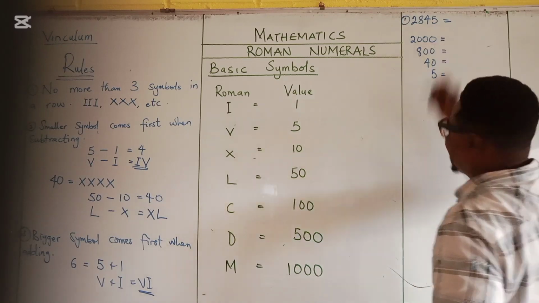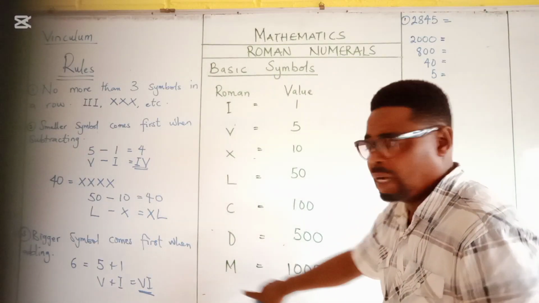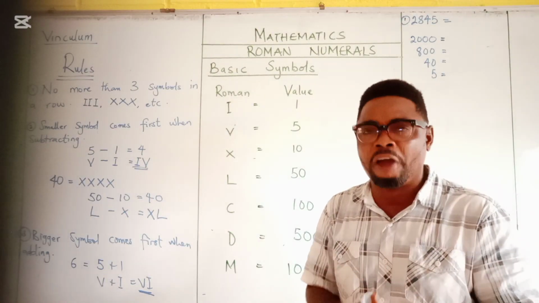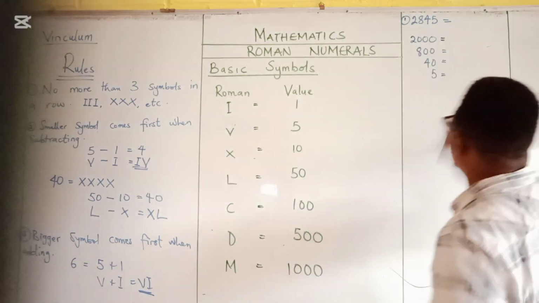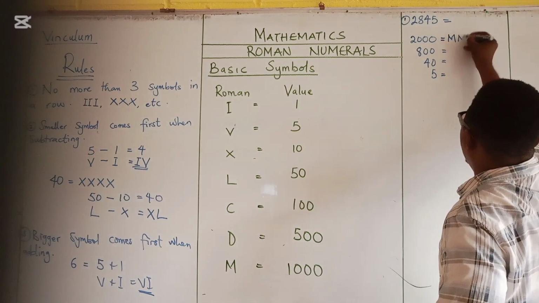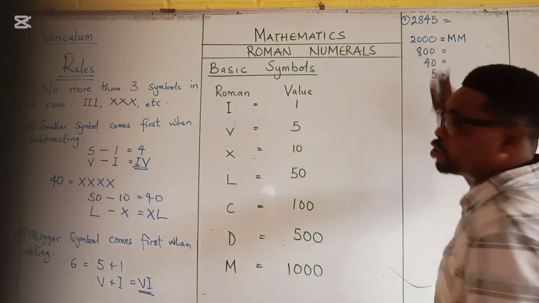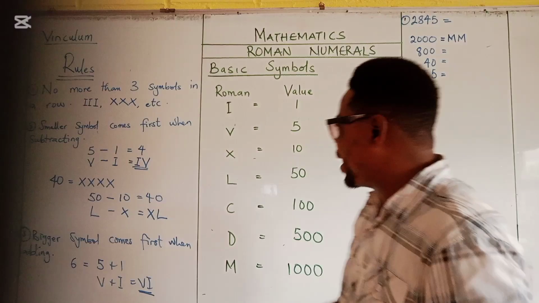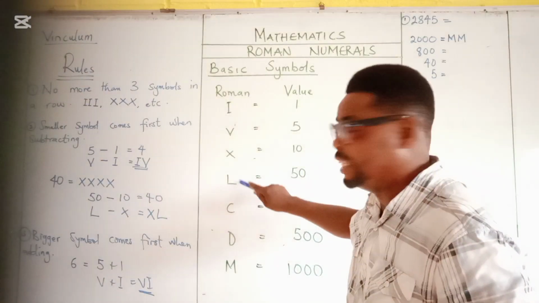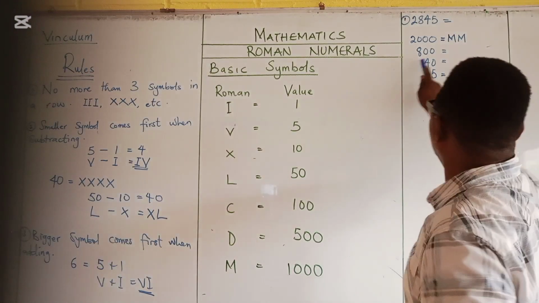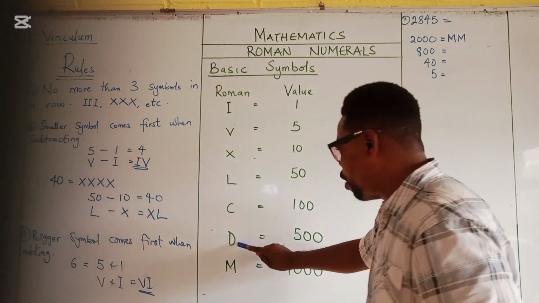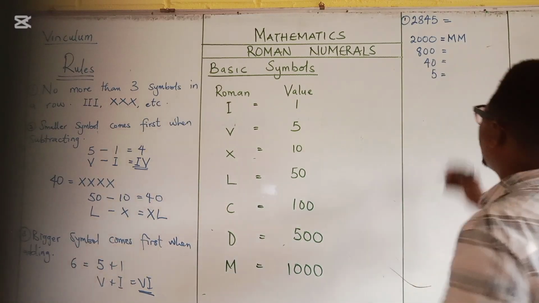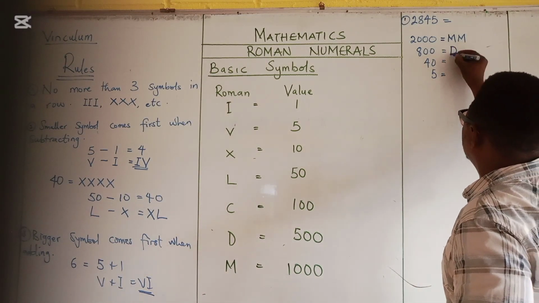Now, knowing fully well that 1,000 is M, and there is no law that says we cannot join 2 M's together, rather we cannot join 4 M's together. So 2,000 is going to be MM. 800 is going to be what? 500 plus 300, since the 500 is the one closest to 800. D is 500.